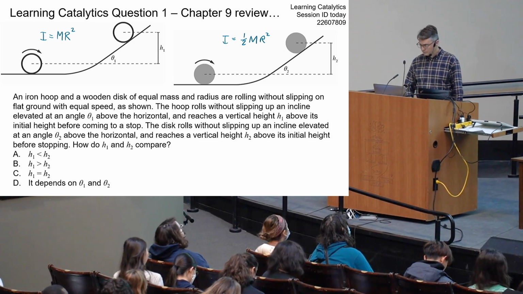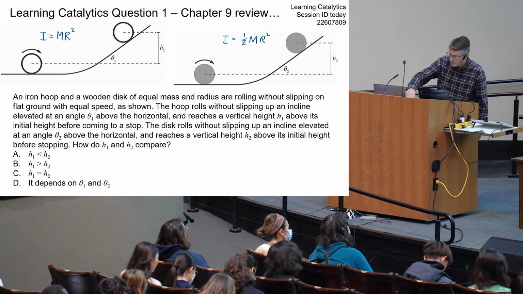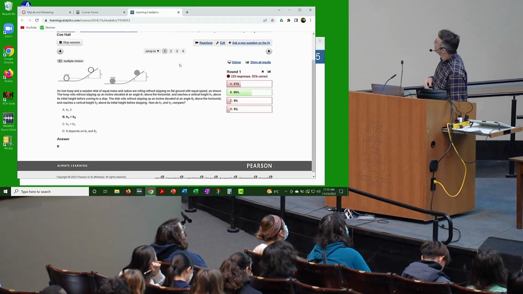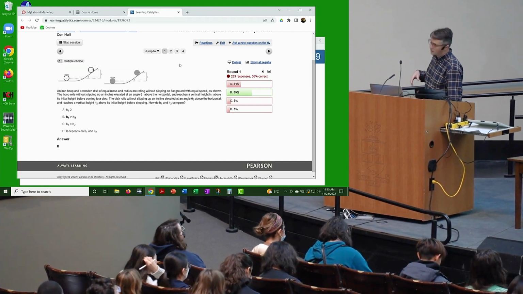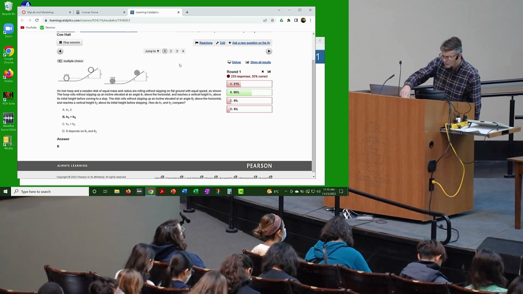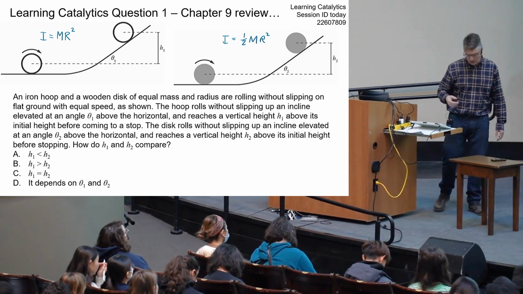The concept here is conservation of energy. They both end with 0 kinetic energy, and so I think the hoop should get a little higher because it has more kinetic energy to start with. They're both going at the same speed, right?